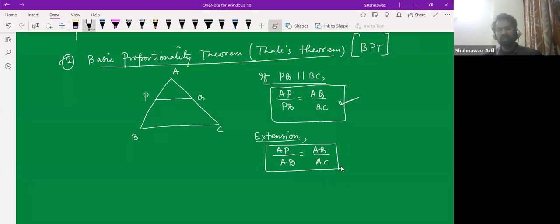In the exam, they may ask you to prove this. So what is the idea to prove this? Do you guys remember? From here, you are already given this, so from here to here, how will you reach this stage?